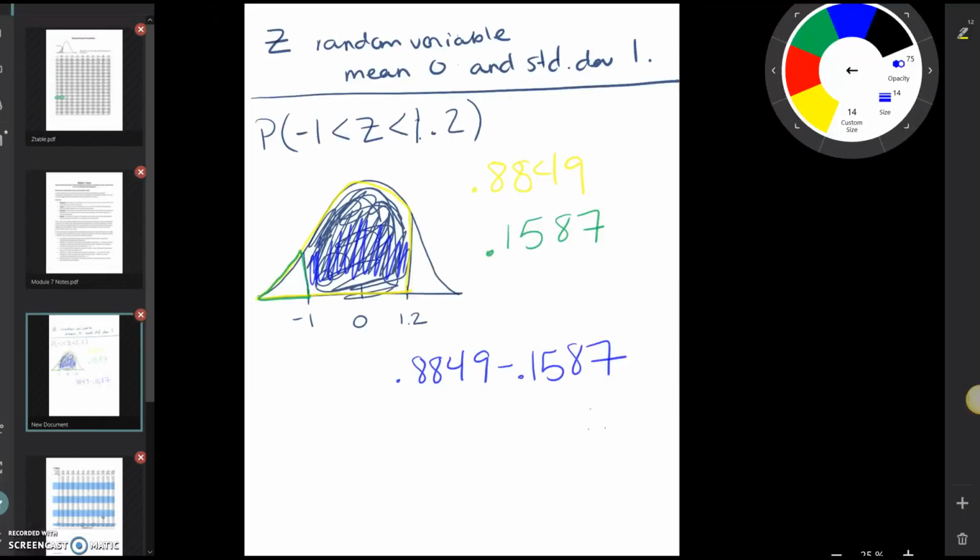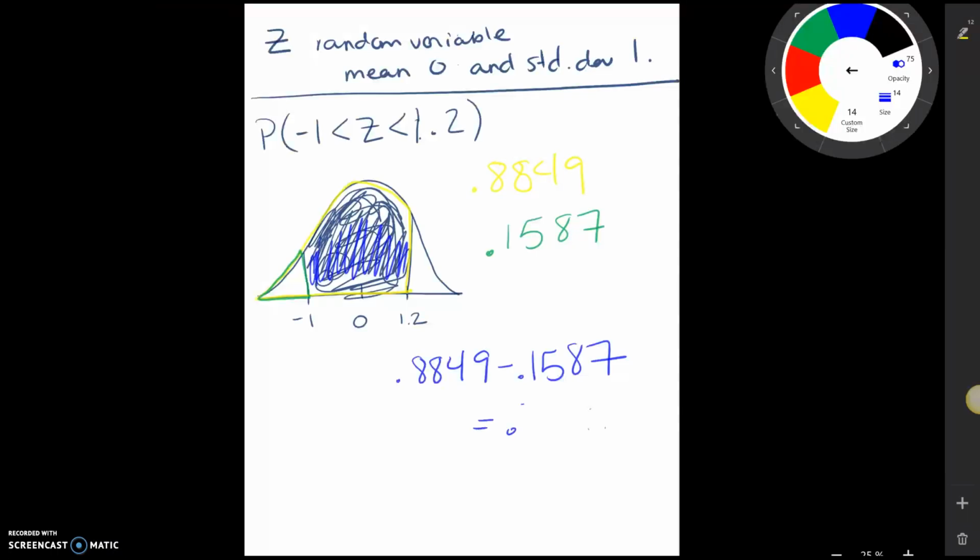Now if we put that in our calculator, we get that this area is equal to 0.7262. So this probability is 0.7262.